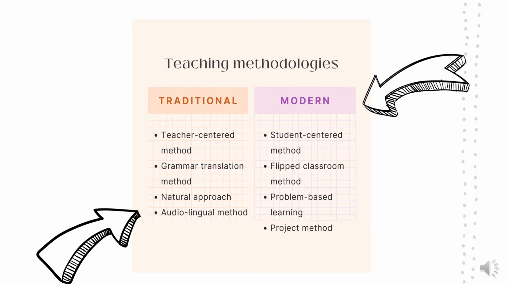So it's flipped. In the traditional method, normally you go to school and you are given a lesson, and then the teacher gives you homework to work on at home. But in this case, it is the opposite.